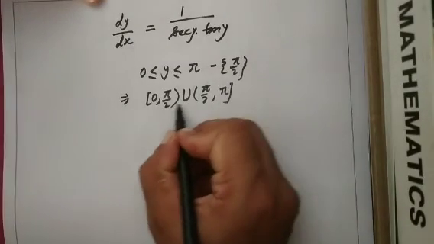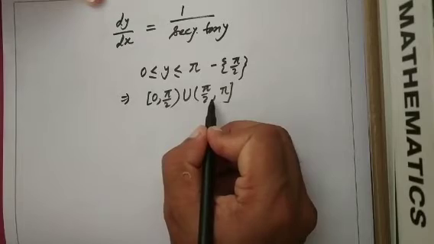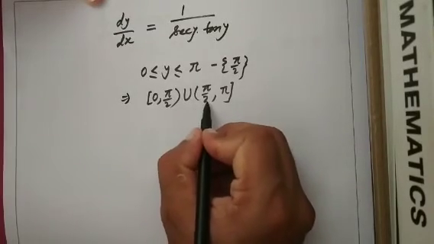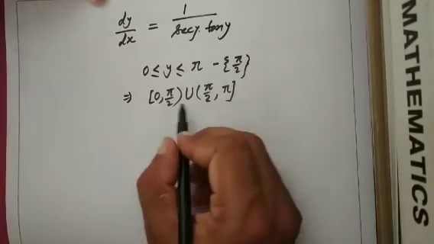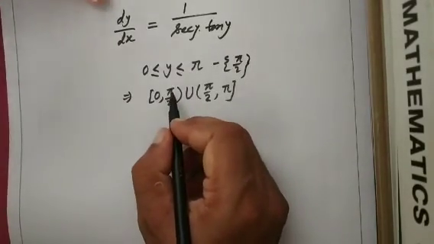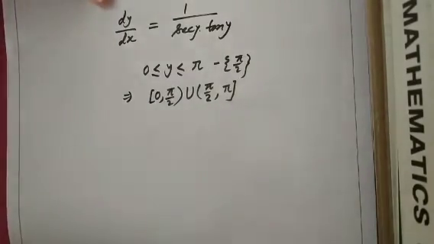That means the first quadrant and second quadrant, in which pi by 2 is not included. That's why open intervals are there. In both quadrants the y belongs, that means the range of sec inverse x.